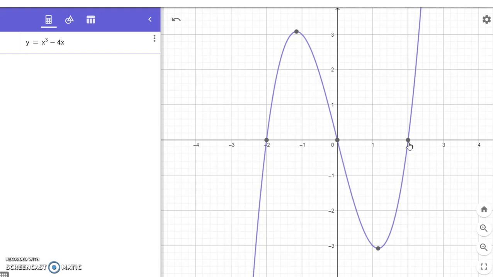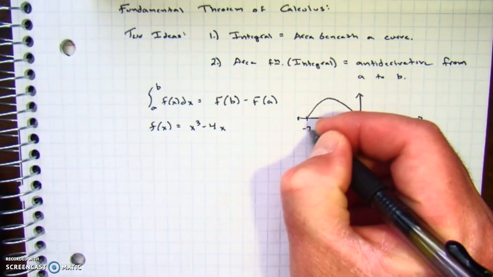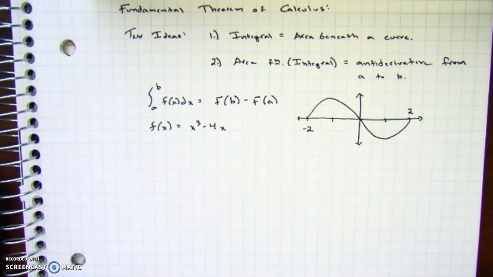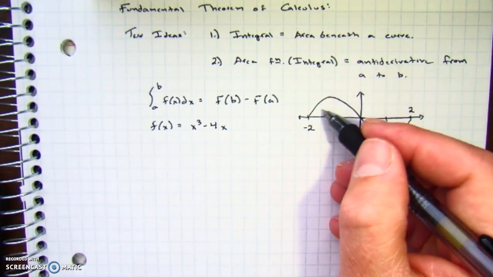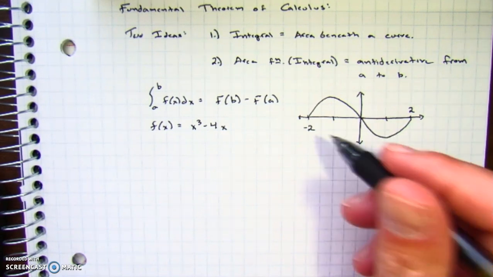Voila, an exact representation. Maybe not. Looks really not a lot like it, but it'll work with how we're doing things today. So we're going from -2, and it goes through 0, and then we're going to look at this from 2. So let's say we want to figure out, what's the area underneath this curve from -2 to 2.